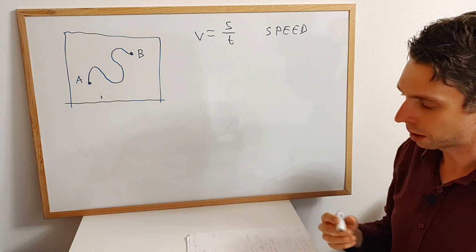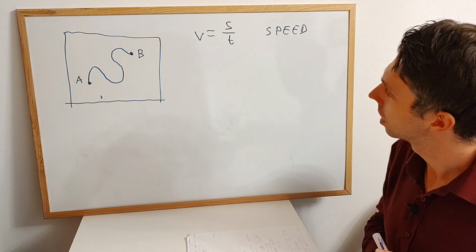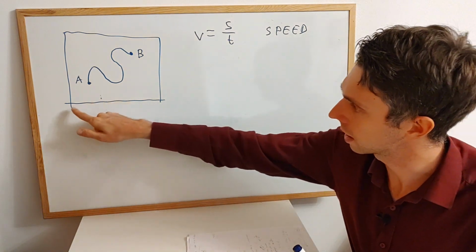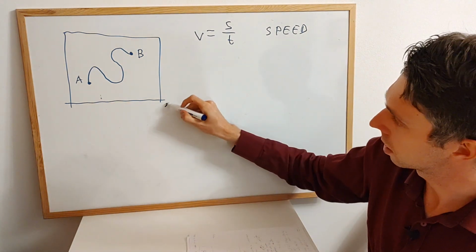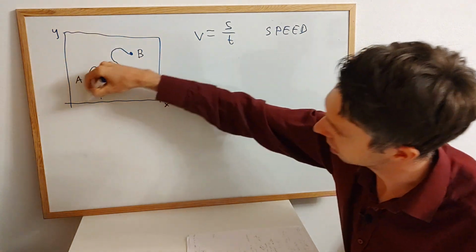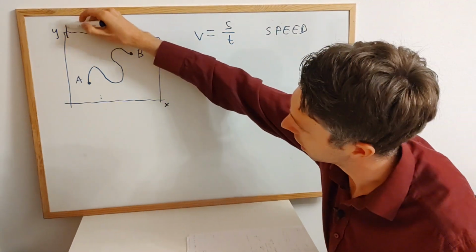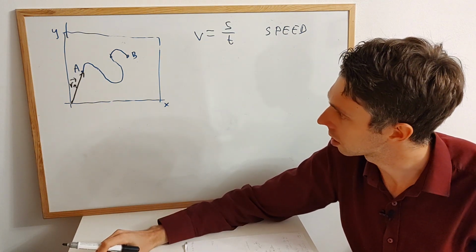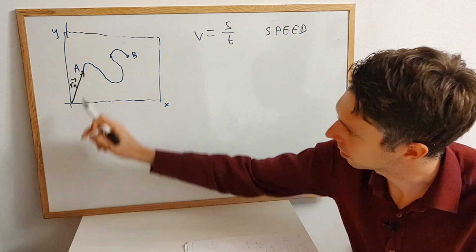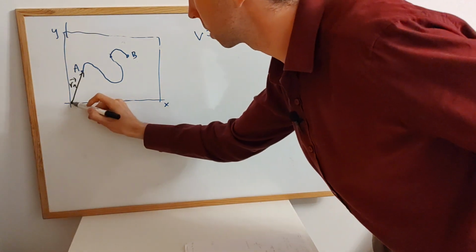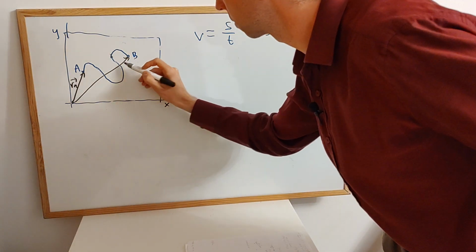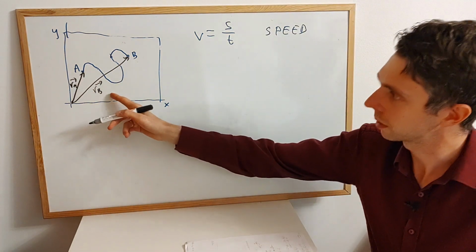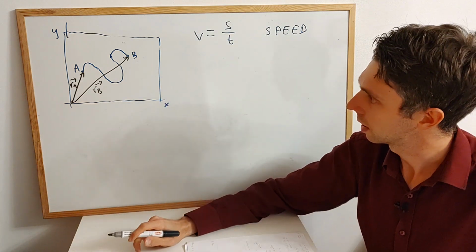And now about velocity. So now let's say this is the origin of our coordinate space, so this is the x-axis, y-axis. This is r_A, the initial position of the ant, and similarly you can have the vector r_B, the final position of the ant.